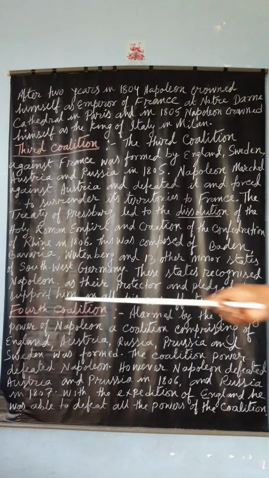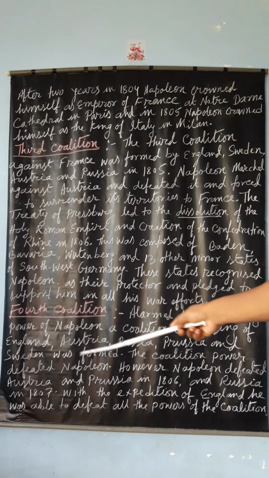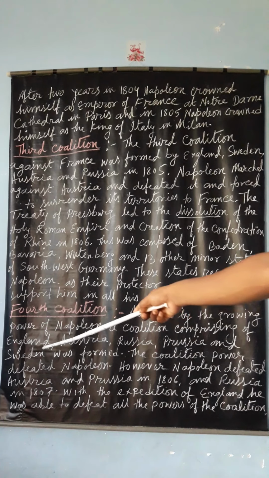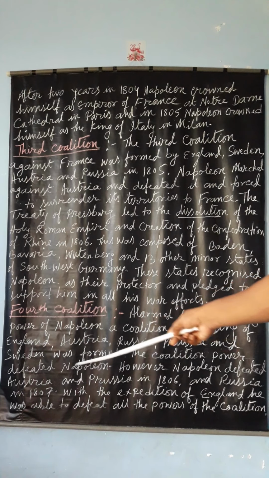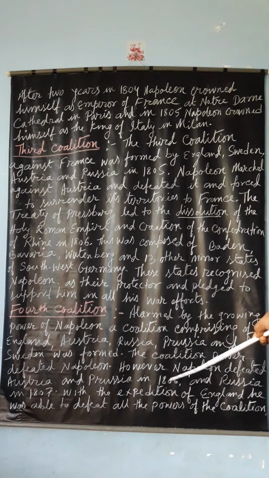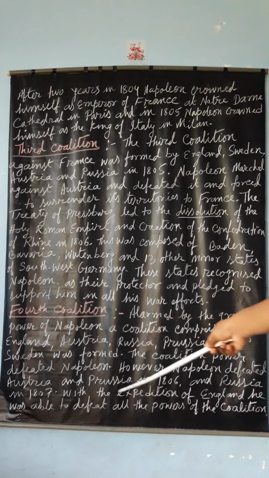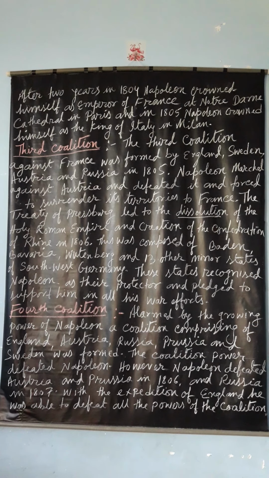Next is the fourth coalition. Alarmed by the growing power of Napoleon, a coalition comprising England, Austria, Russia, Prussia and Sweden was formed. The coalition powers defeated Napoleon. However, Napoleon defeated Austria and Prussia in 1806 and Russia in 1807. With the exception of England, he was able to defeat all the powers of the coalition.